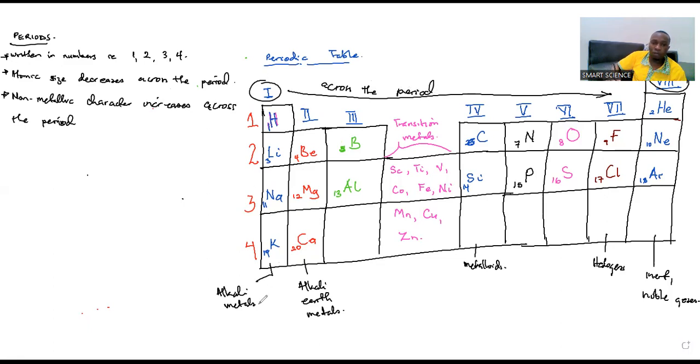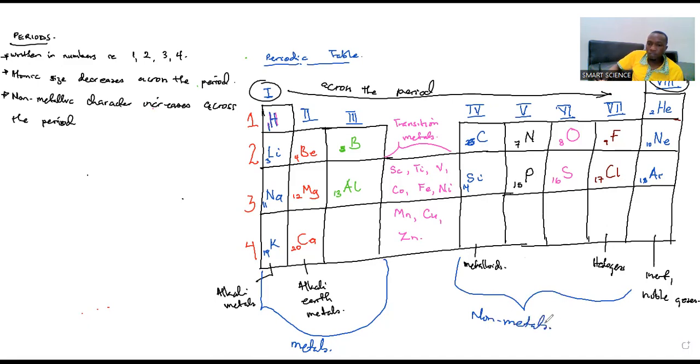You move away from elements we call metals. Those are elements found from group 1 to group 3. We shall call them metals. Then from group 4 onwards, we shall call them non-metals. So as you move from group 1 towards group 8, you increase chances of finding non-metals. That's why we are saying non-metallic character increases across the period.